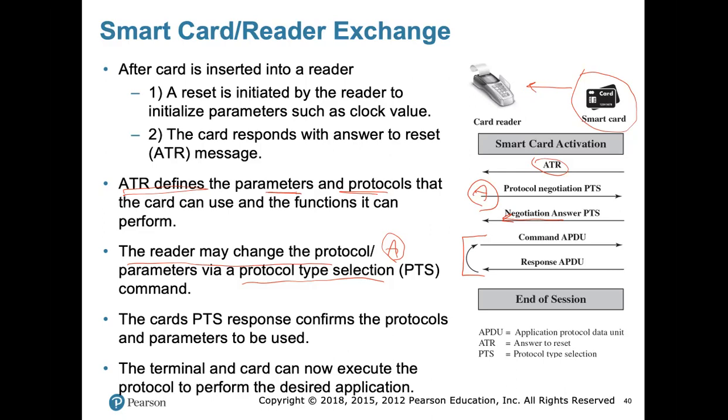The card reader might be the starter or initiator, or the smart card itself might be the initiator. It depends on the type of protocol they agreed upon, and that's why you see this arrow here. It tells that they might be swapped or exchanged.